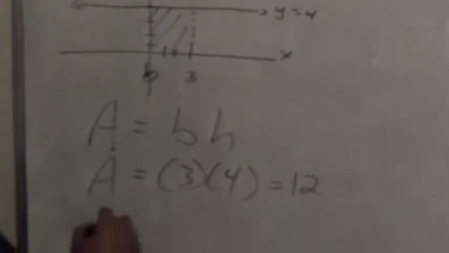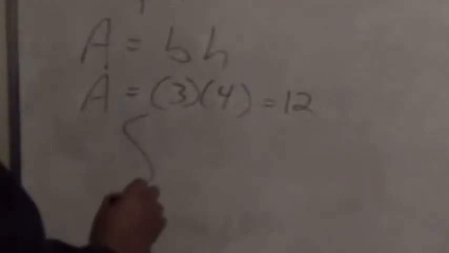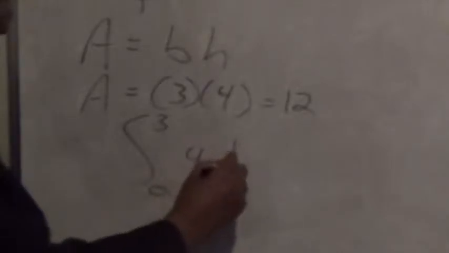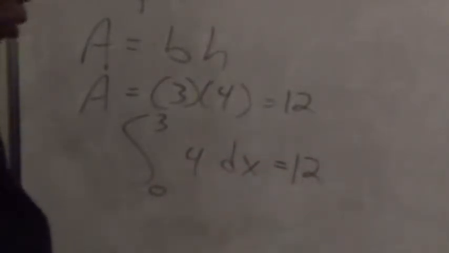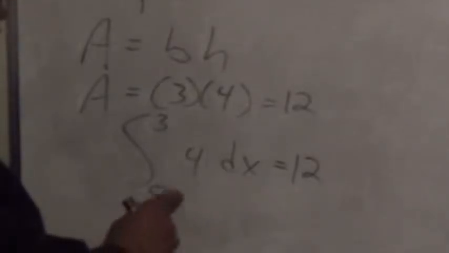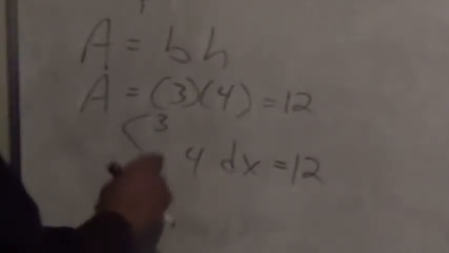And the height of this rectangle from here to here will be a total of 4. So this will give us an area of 12. Therefore we conclude that the definite integral from 0 to 3 of the function 4 dx is equal to 12. This is the area under the curve 4 between 0 and 3.